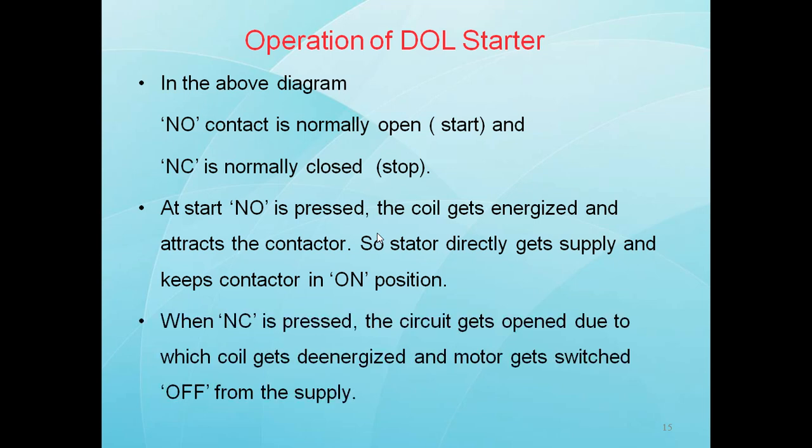Suppose the motor is started, and you press NC, that is normally closed. The circuit gets opened, due to which the coil gets demagnetized and the motor gets switched off from the supply. That means the current flowing through the contactor is interrupted.